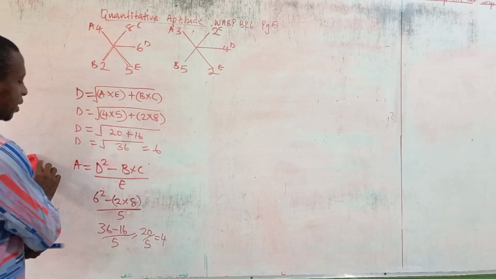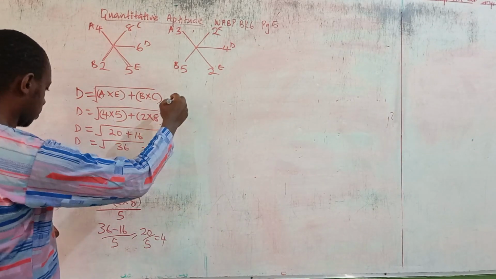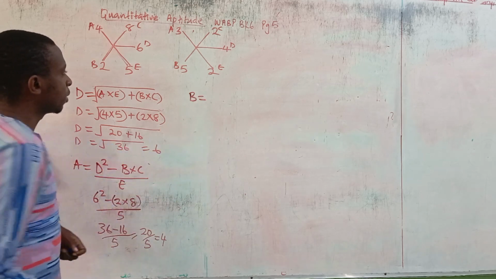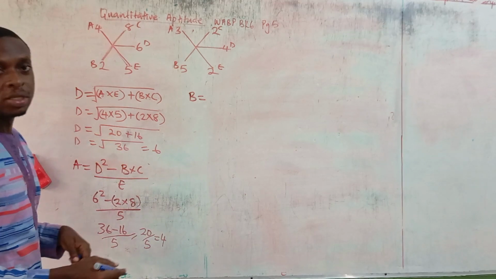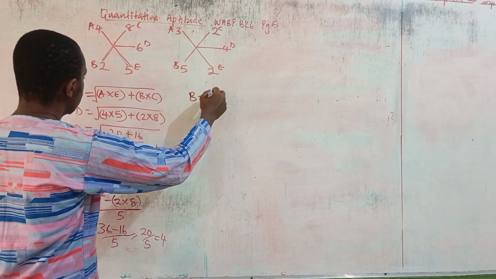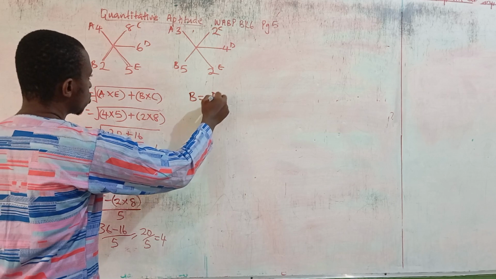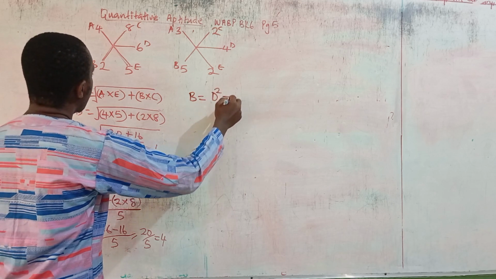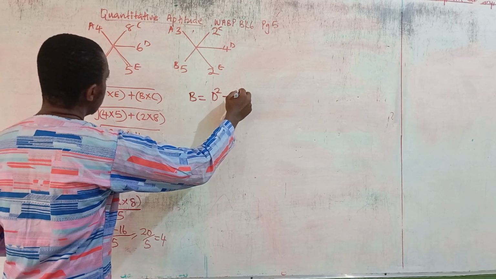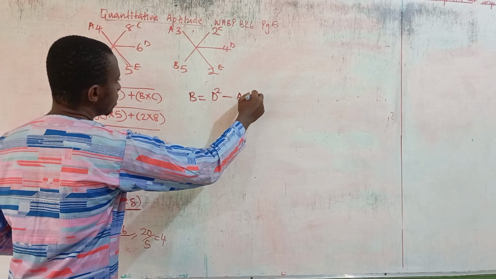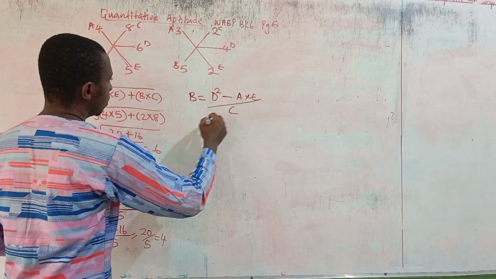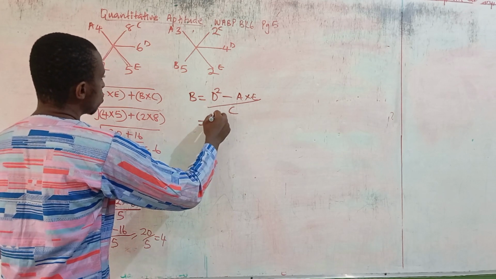So how do we find B? Well, the formula for B is going to be equal to D squared minus A times E all over C. Our D squared is 6 squared.